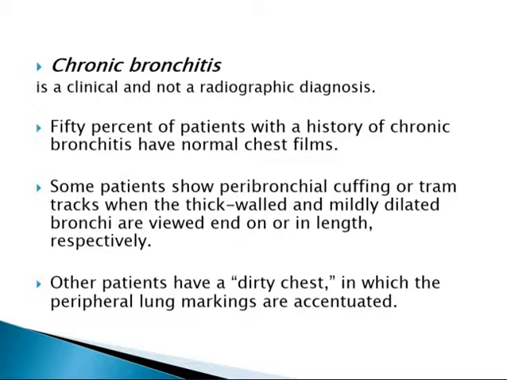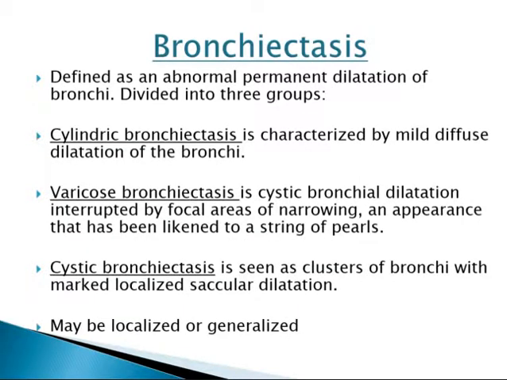So when we view these bronchi end-on, they appear as peribronchial cuffing. When they are viewed in length, they appear as tracks. Other patients have a dirty chest in which the peripheral lung markings are accentuated. So they are accentuated, not attenuated. Bronchiectasis.